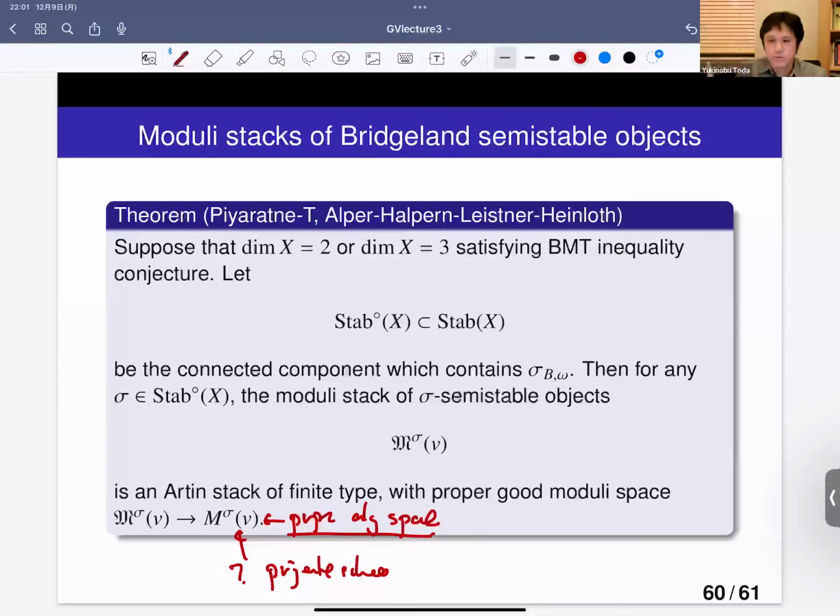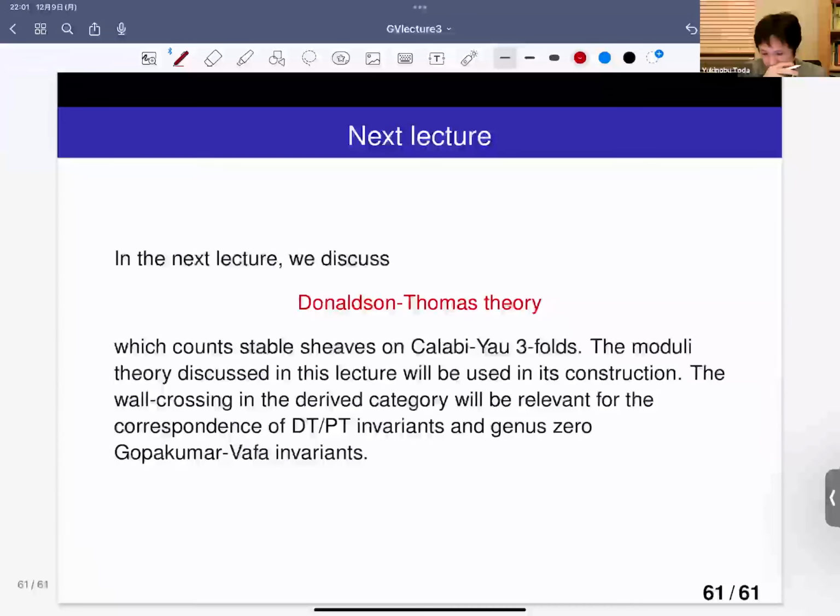Anyway, this is enough for the application to enumerative geometry. So today I stop here, and in the next lecture I will talk about Donaldson-Thomas theory using the moduli space which I discussed today. So yes, thank you very much.